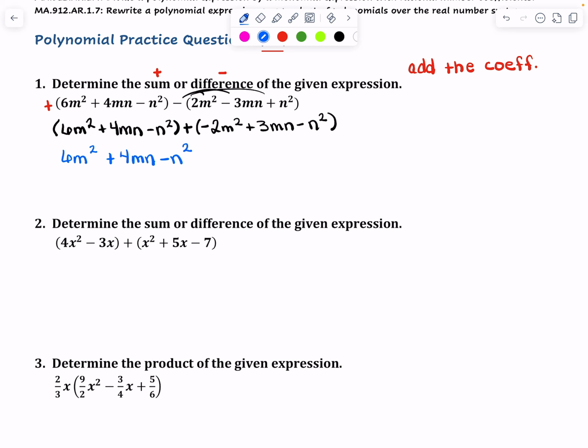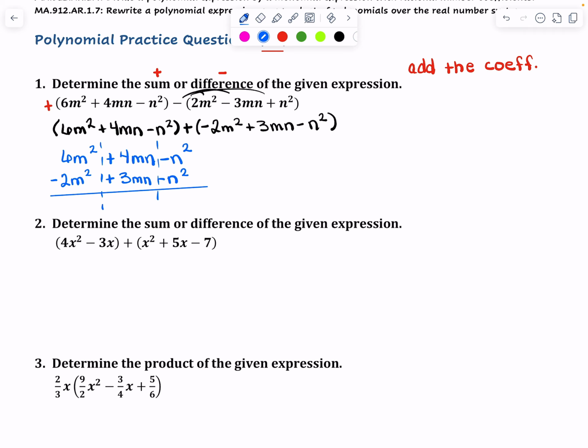Now the second polynomial, I'm going to align it with the ones on top. So negative 2m squared, got that one. Then I have positive 3mn, and then negative n squared. Now, this way is a little more traditional to how we used to see adding and subtracting, where we're just adding or subtracting the vertical sets.